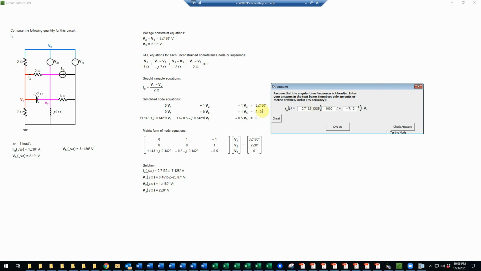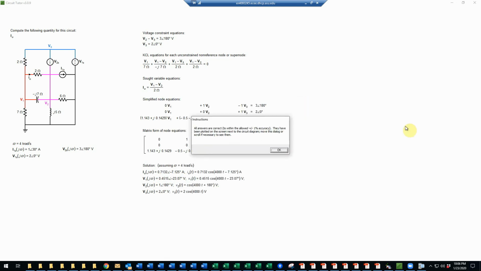And again, the magnitude of the sinusoid is the magnitude of the phasor, and the phase angle of the sinusoid is the phase angle. And remember, we always use cosine here. If you're doing this by hand, you have to remember that we always use the cosine function for inverse phasor transforms, never a sine function. That's just the way phasors are defined. Okay, so that is correct, and that's been added down here to the display.